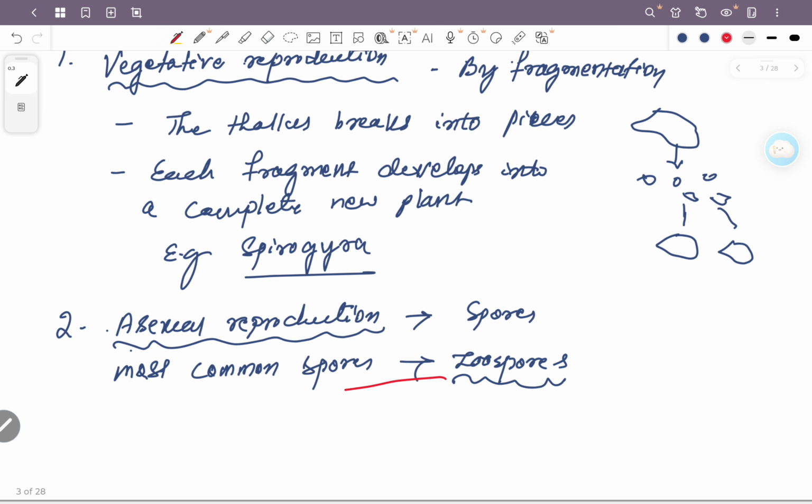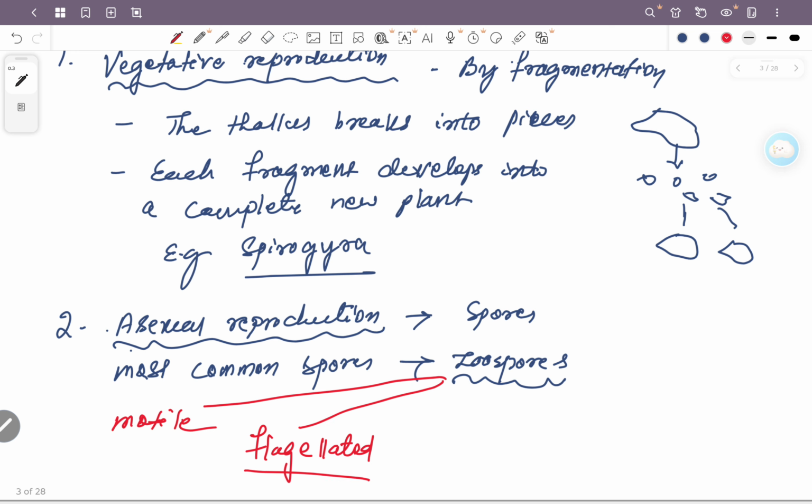These zoospores are motile, flagellated. Because they are motile, they must have some locomotory organelles. So they are flagellated and they are produced inside a structure, inside sporangia, that is zoosporangia.